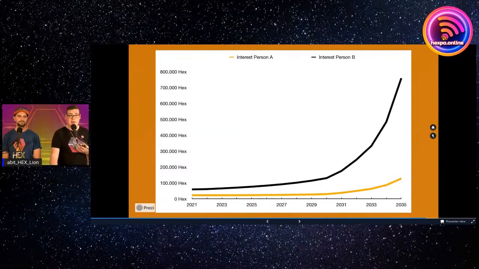And if we go a little closer at the 2030 mark, so the 10-year mark, he who staked long from the get-go would already have outperformed the overall gains of the yearly compounder.